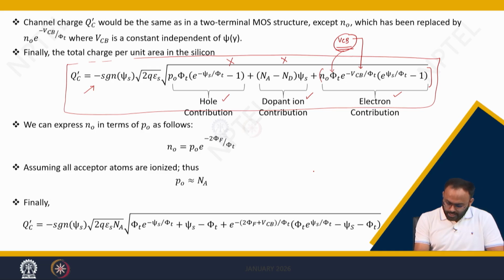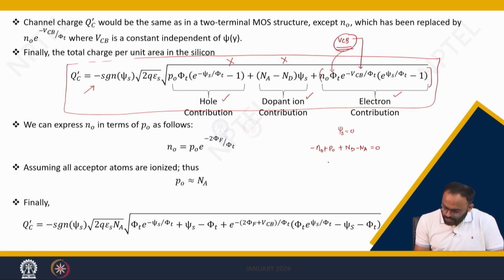We can use this expression to simplify by considering again the boundary condition. We considered the boundary condition that at flatband voltage the surface potential is 0, and at that moment you can find the charge neutrality equation, which says that minus N_0 plus P_0 plus N_d minus N_a equals 0.